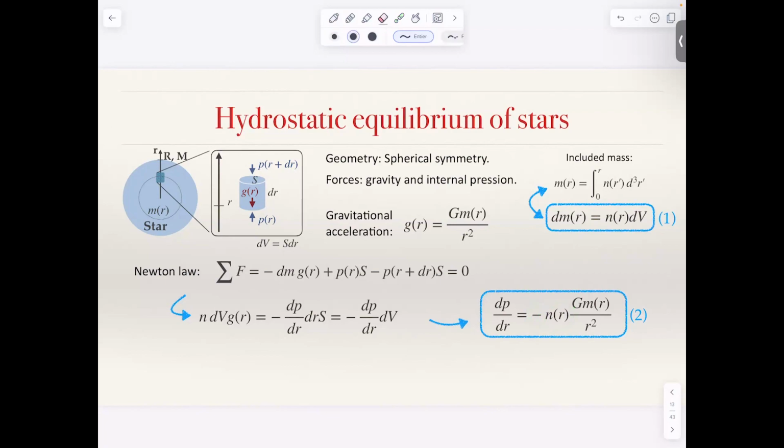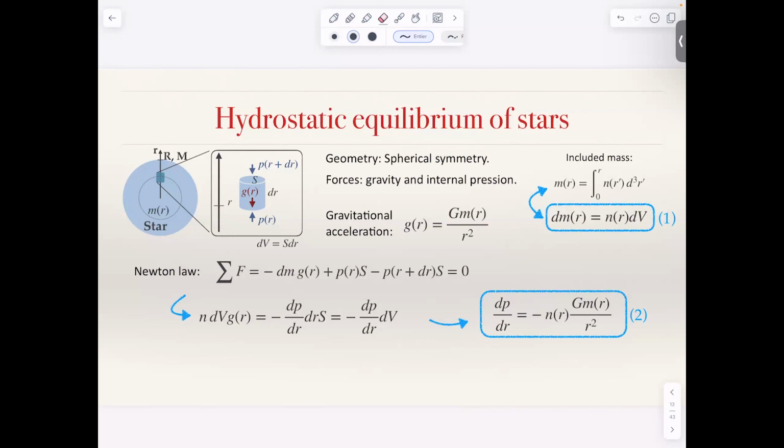Okay, so you see in Newtonian physics, if I want to describe the hydrostatic equilibrium of a star, like the sun, for instance, I have to solve two equations. The one related to the included mass, and the one that characterizes the pressure profile.